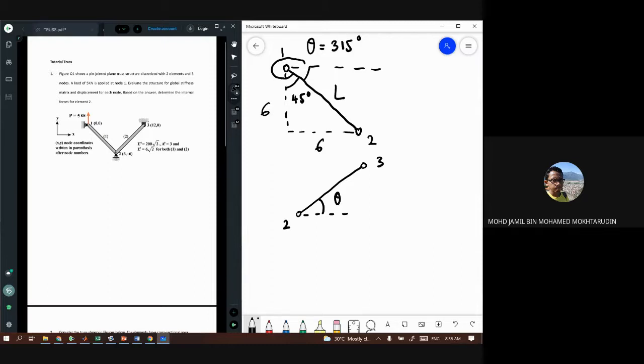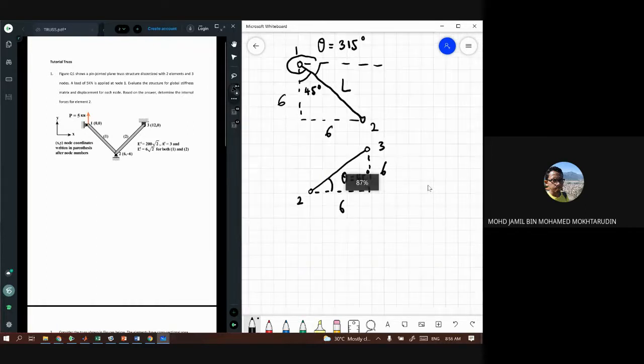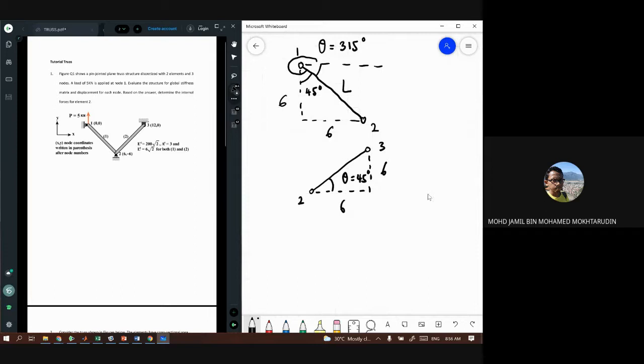Again, the height here is 6 and the length is also 6, so the angle theta is 45 degrees. When you know the angle already, you can start calculating the sine and cosine for each of the elements.